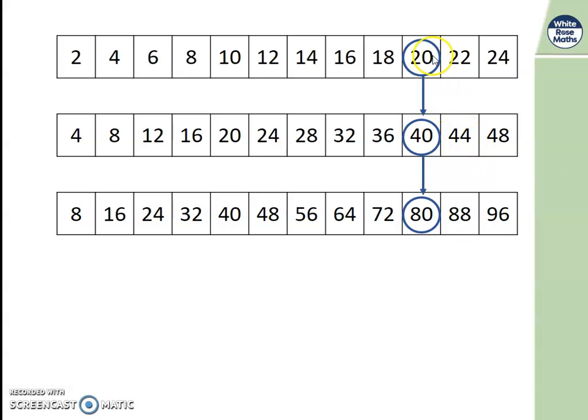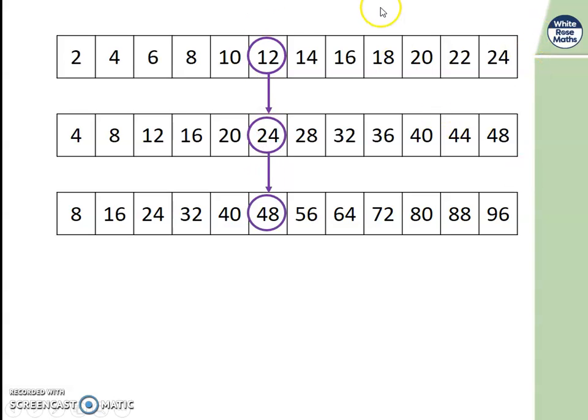Well done for thinking. So we know that double 20 is 40. So what's double 40? Well done, it's 80. So we are doubling each time. Let's look at another number and see if that rule applies again. There's 12, 24, 36.